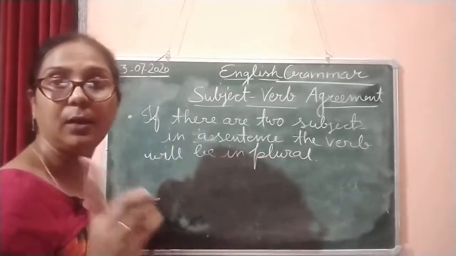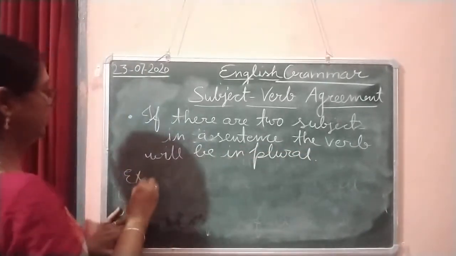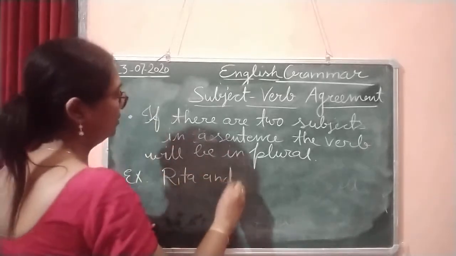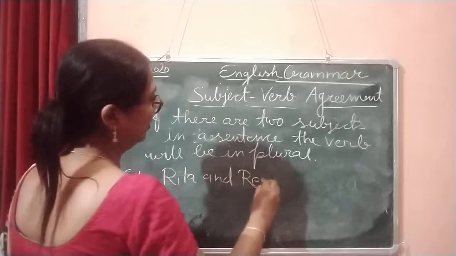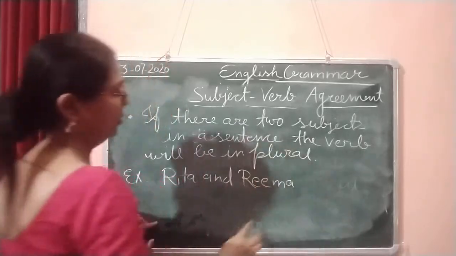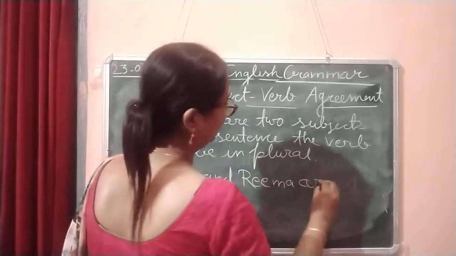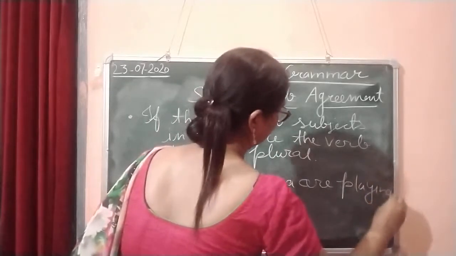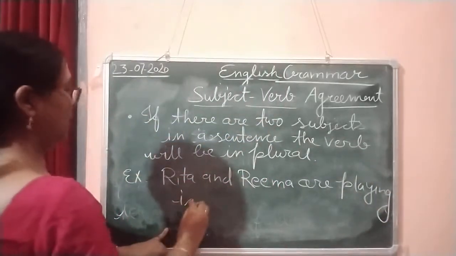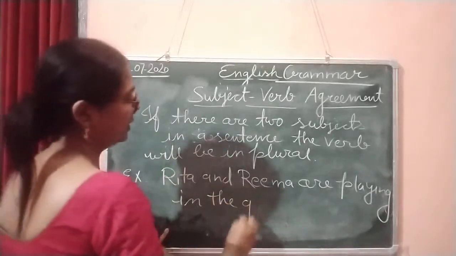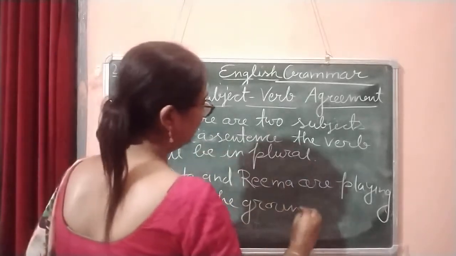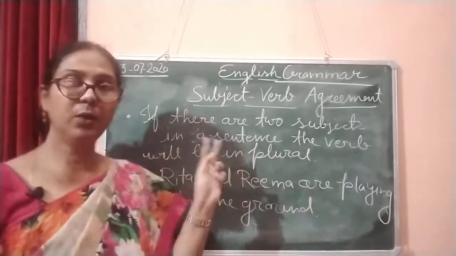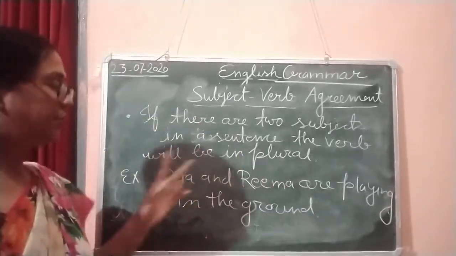For example, Rita and Rima are playing in the ground. Suppose I am giving you this example, Rita and Rima. You can see there are two subjects.